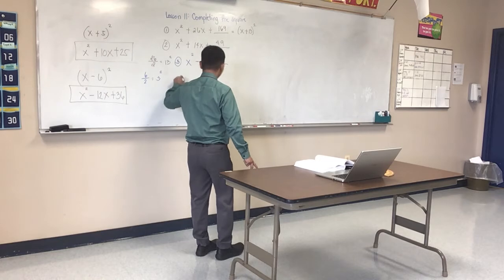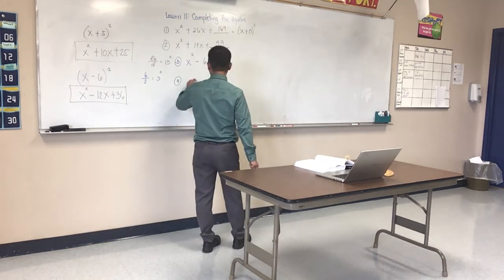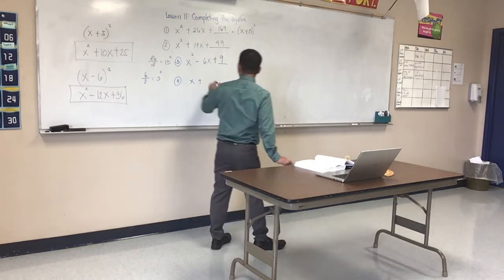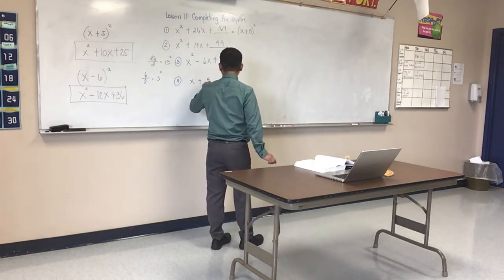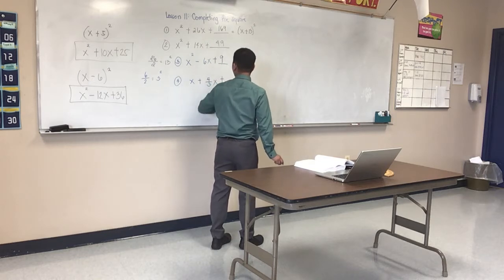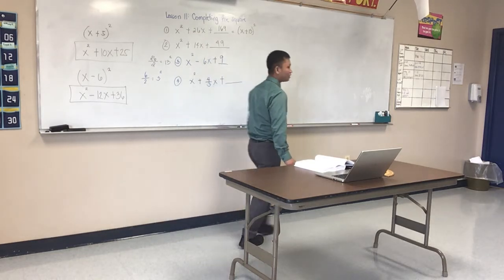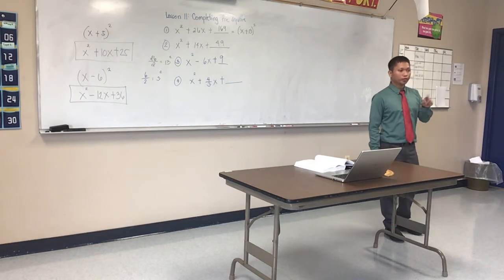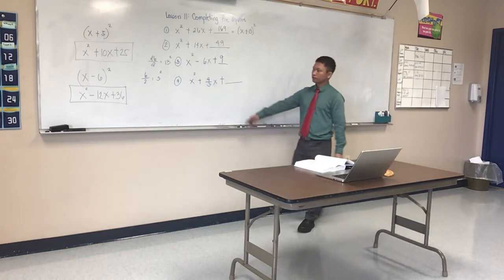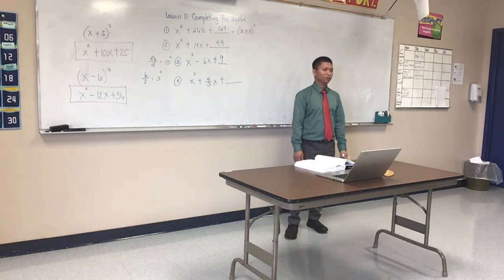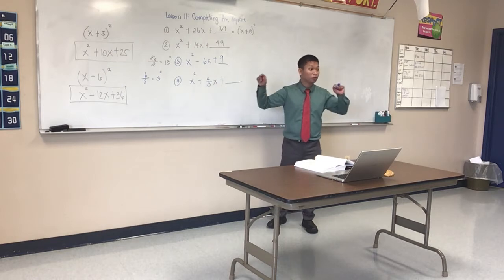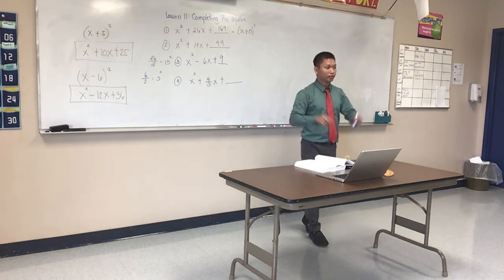How about this one? x squared plus 4 over 3x. What would be our last term? Again, the middle term: we divide by 2 and then square the answer.